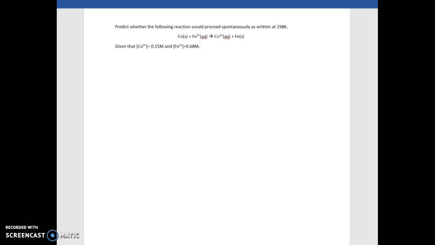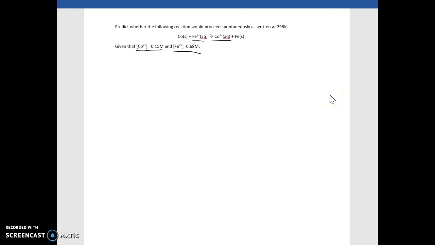And so what we have to do to solve this is first and foremost understand what they're giving to us. They're giving us concentrations for our products and for our reactants, meaning that they're not at standard conditions, meaning that the concentration is not 1.